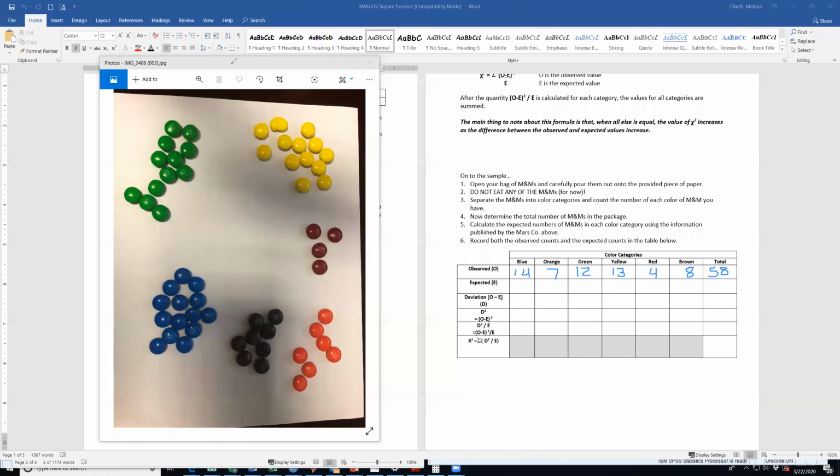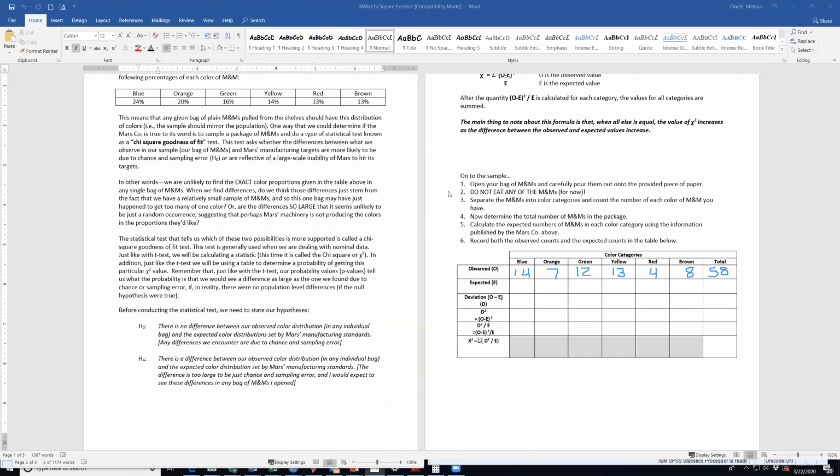We can get rid of this picture of M&Ms now. And if you're at home, you can eat your M&Ms if you want. We get our expected counts from this expected distribution provided on the first page of the handout.